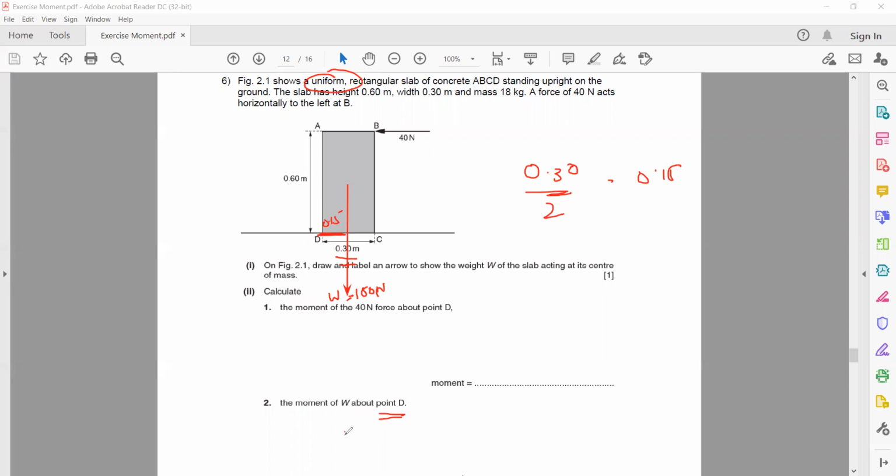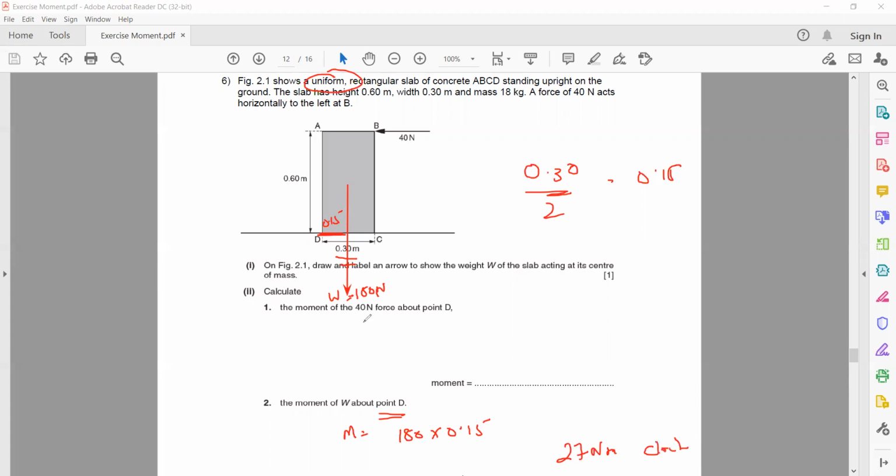When we calculate the moment, that is, not 0.3, because the weight is 180, that is 180, the force, multiplied by 0.15, which equals 27 Newton meter clockwise.